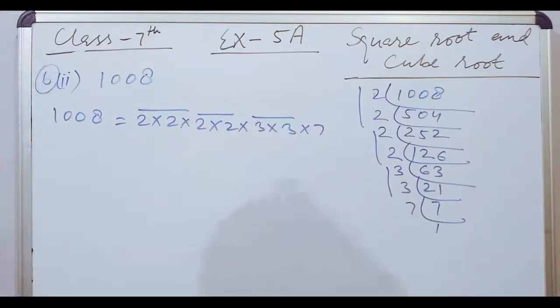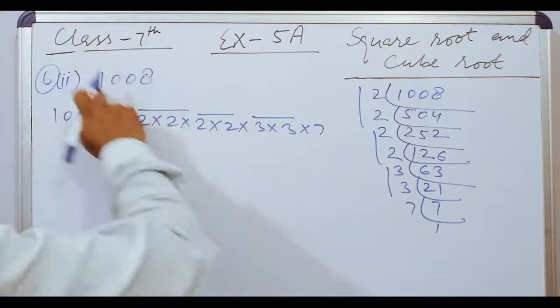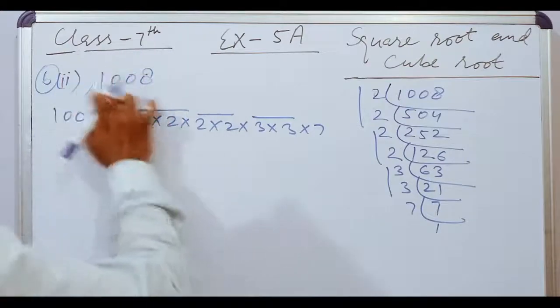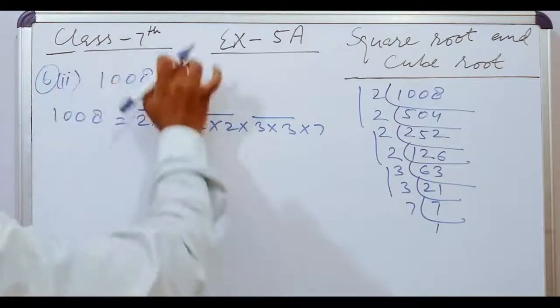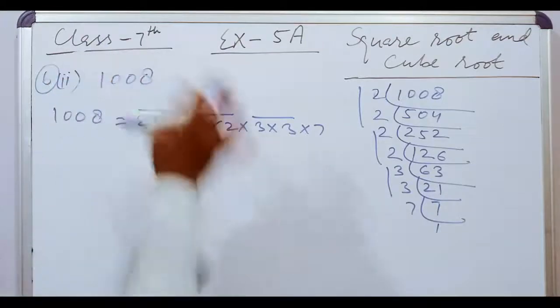Dear student, what we are seeing is that we have to multiply this by a number to get a perfect square. By which smallest number should this be multiplied to get a perfect square?